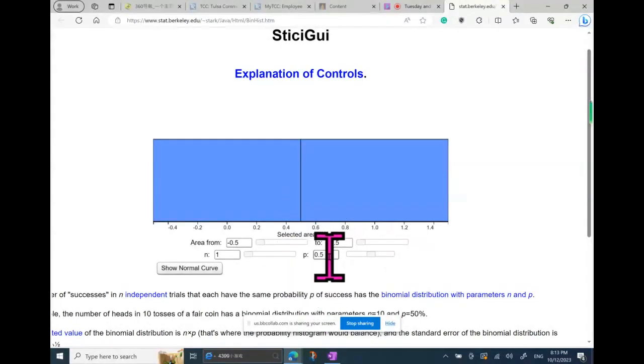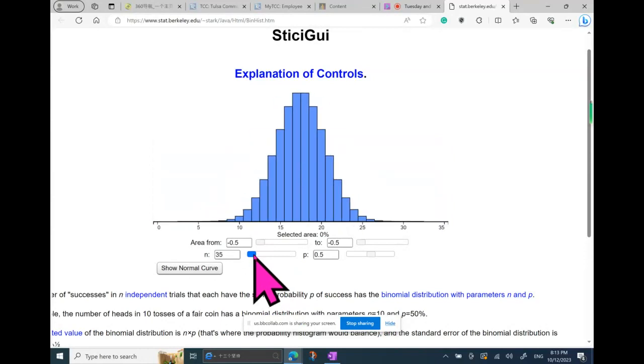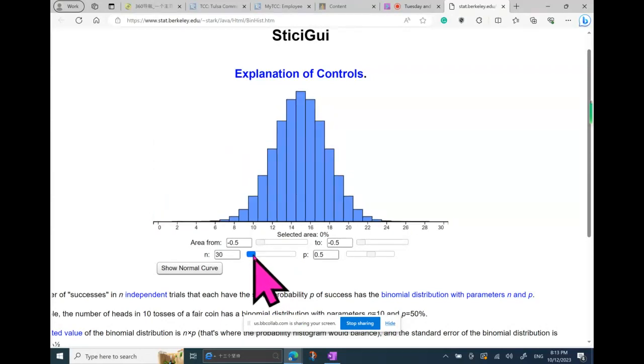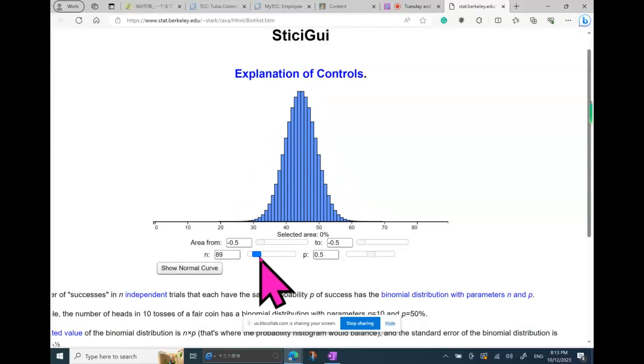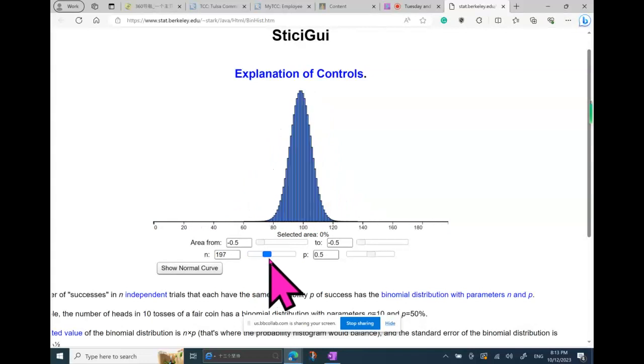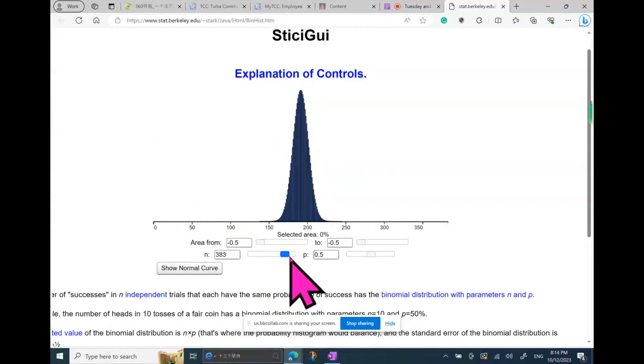So let's see if P is 0.5. You can see I have P equals 0.5 here, right? If we have one trial, then the distribution is just flat, right? Just one trial. And if I change the number of trials, you see that? It's very symmetric and bell-shaped. It's getting larger and larger.